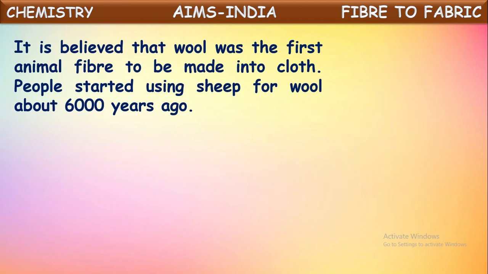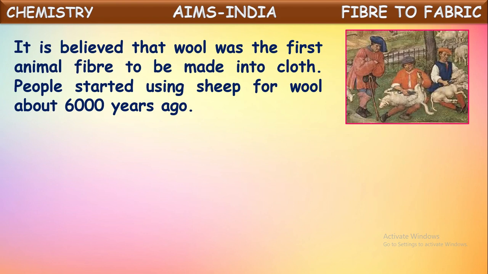It is believed that wool was the first animal fiber to be made into cloth. Earlier they had started to weave cloths from plant fibers, but the first animal fiber made into cloth is believed to be woolen fiber, from the hair of sheep.